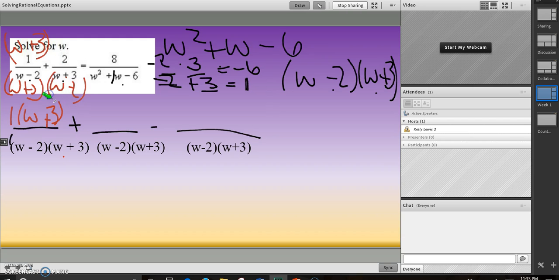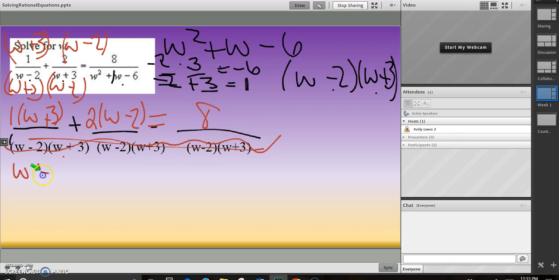So I need to multiply the top and the bottom by w minus 2. And then I have the 8. But he already has the right thing. And so when the denominator is all the same, you just take it out. So I have w plus 3. I'm going to delete that 1. He just disappears.